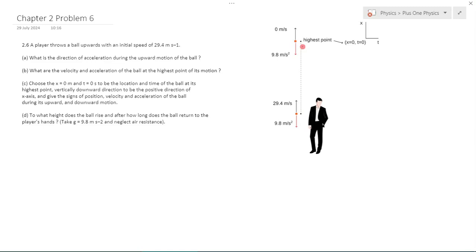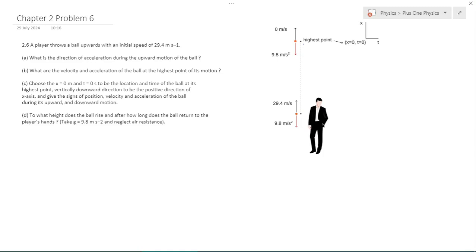And the acceleration, we already said that the only acceleration on the ball is acceleration due to gravity. There is no change in the acceleration. That acceleration is always in the opposite direction. That is the only force on the ball. When the ball just comes out of his hand, there is no other force.